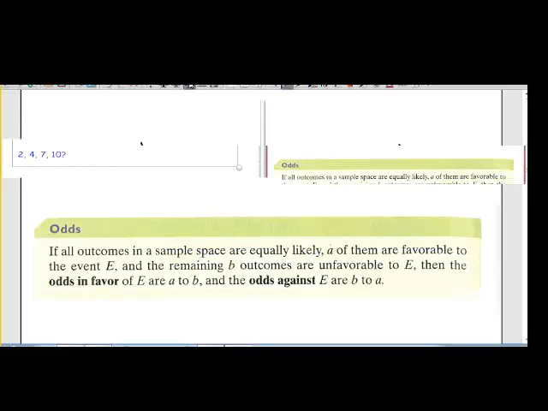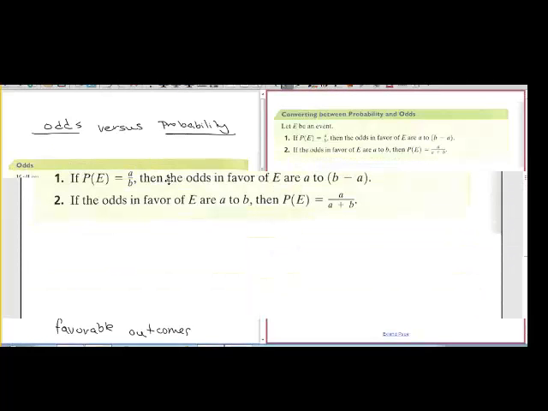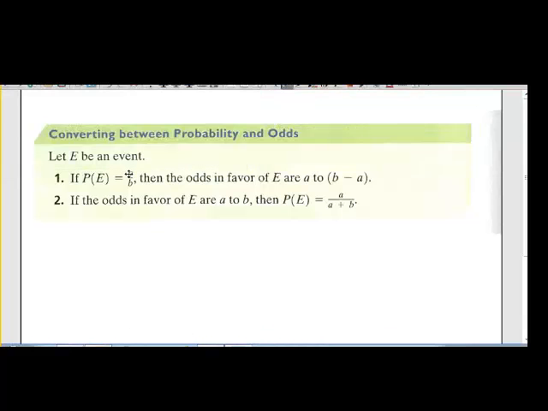There's also converting between probability and odds. Again, this is in your book. If the probability is defined as the number of, you have to be careful here because the A's and B's in the different definitions are different. In the previous one, A in the odds definition was the number of favorable outcomes and B was the number of unfavorable outcomes.